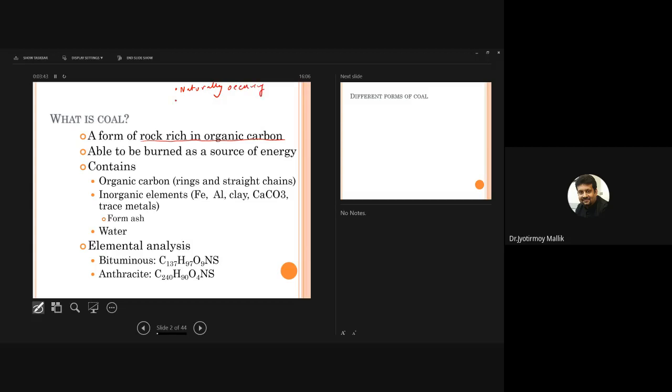Then it has to be inorganic, and then it has to be an assemblage of minerals. Of course, coal is naturally occurring.